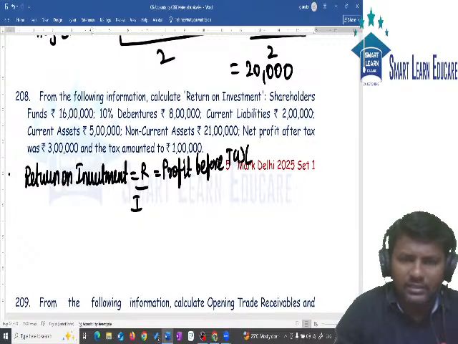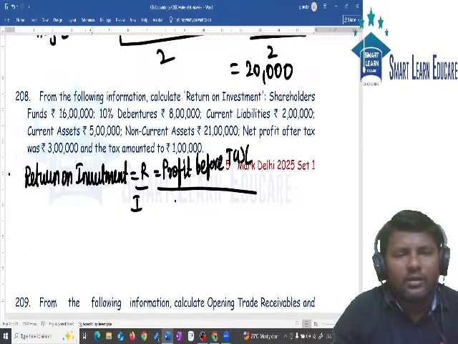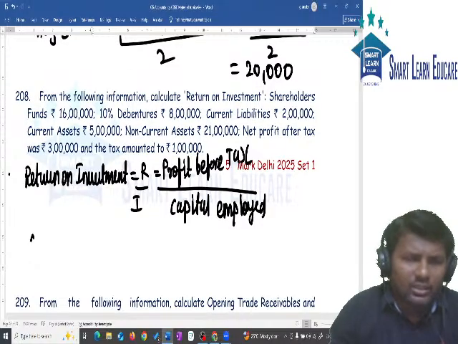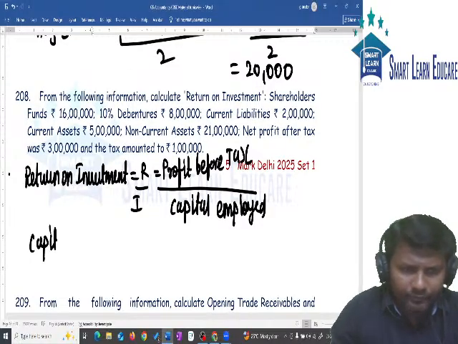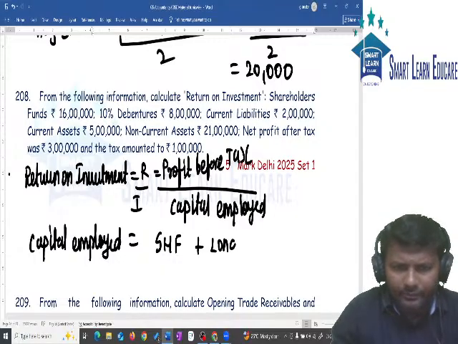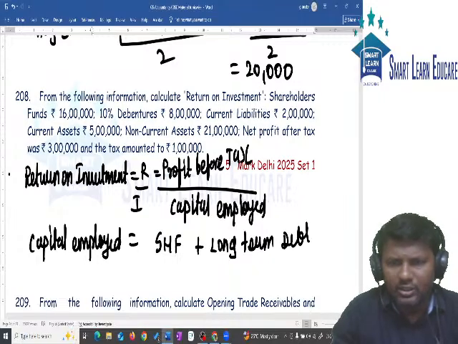Profit before tax divided by capital employed. What is capital employed? Capital employed is equal to shareholders fund plus long term debt.